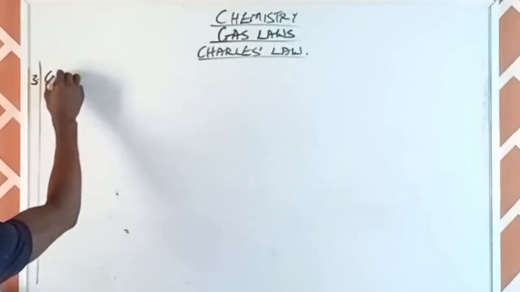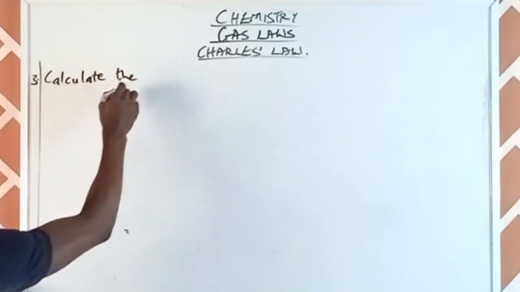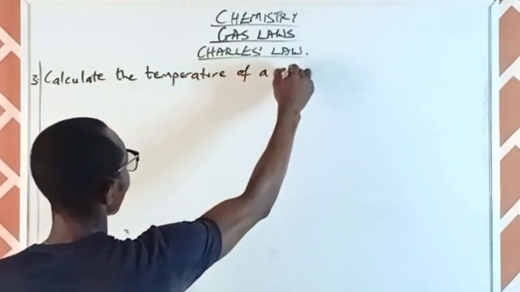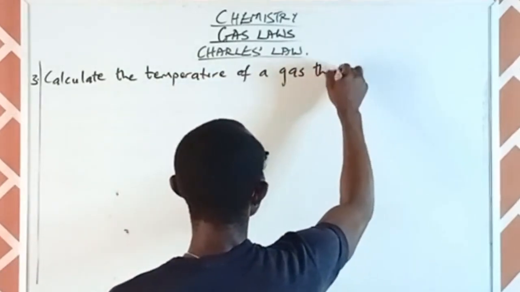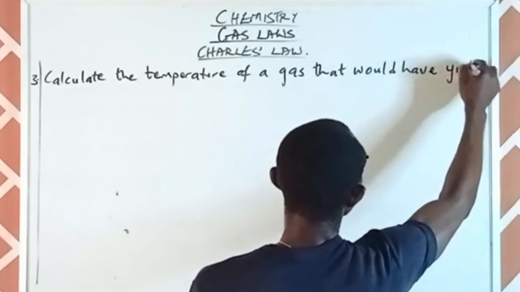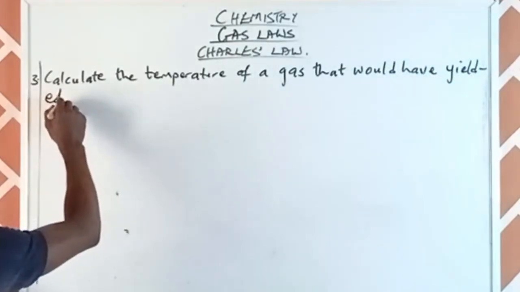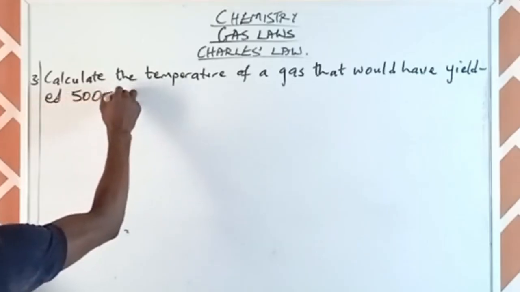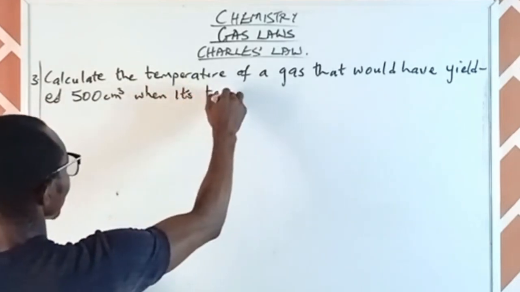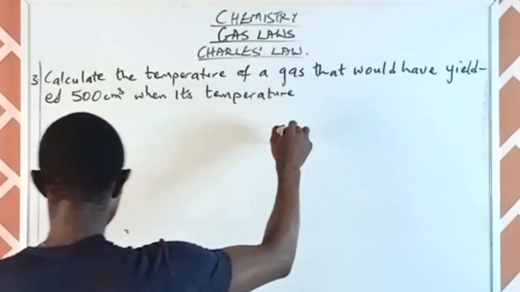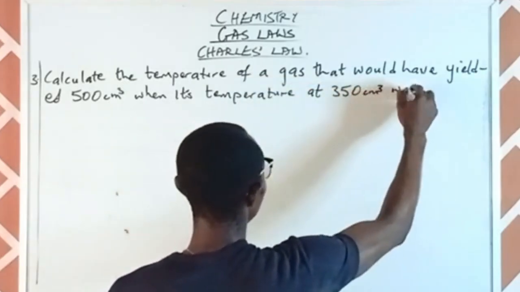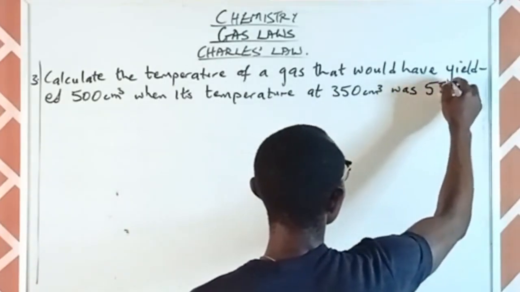Example 3. Calculate the temperature of a gas that would have yielded 500 centimeter cube when its temperature at 350 centimeter cube was 55 degrees Celsius.